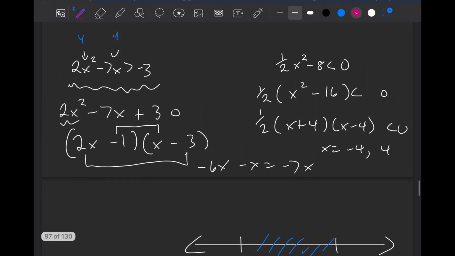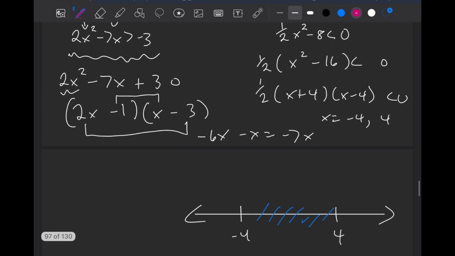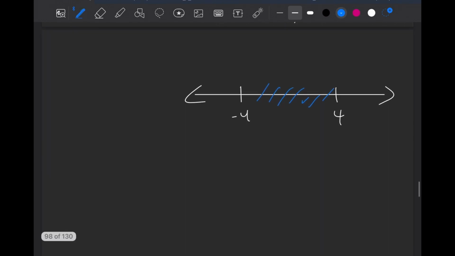If you plug in something to the left or the right, like minus 5 or plus 5, you'll realize that the inequality will be false. And again, we just plug it into the original inequality for x. So as a result, our solution here will just be when x is in between 4 and minus 4.